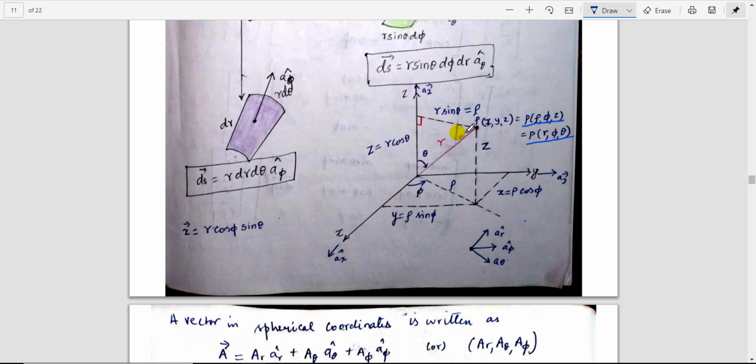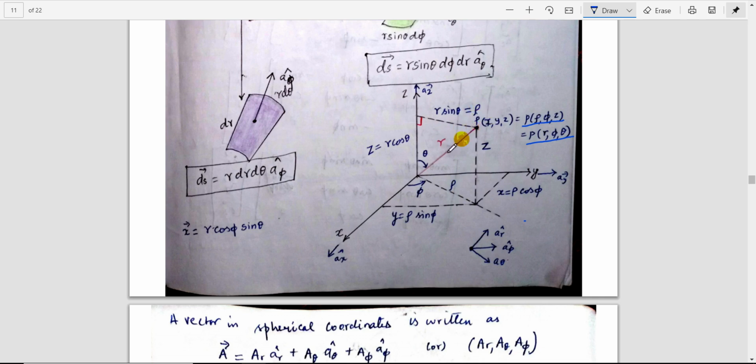Why are we representing this as rho? Because this projection is made on the xy plane, and this distance is going to be the same distance which is mentioned here, because this is a sphere. So these distances are not different. If we represent this as rho, then this also can be represented as rho.